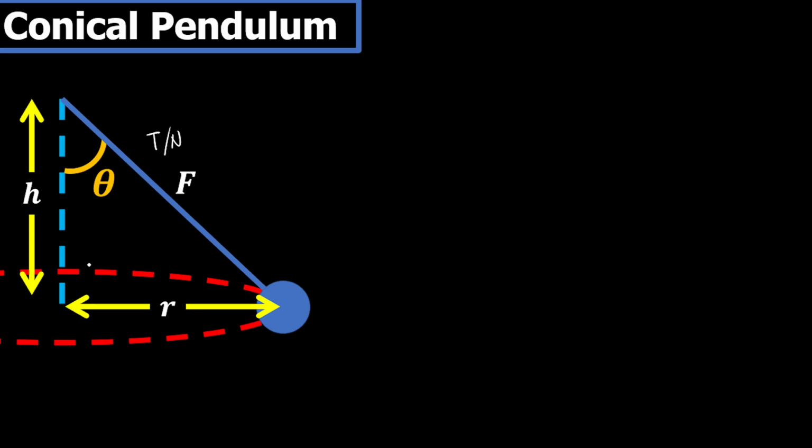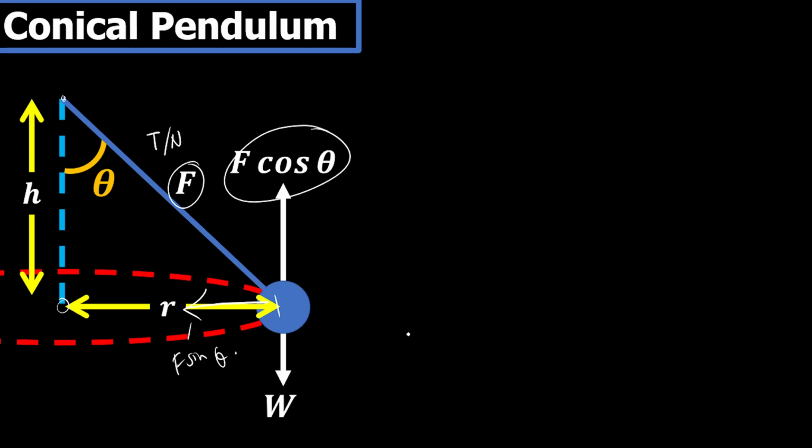So let's try to model it by drawing it out. So say we have some force that is moving up. It could be tension, or it could be normal force. Okay, and then we have these measurements, which is the height from the center to the plane of the circular motion, and then you have the radius from the bottom here to the body.